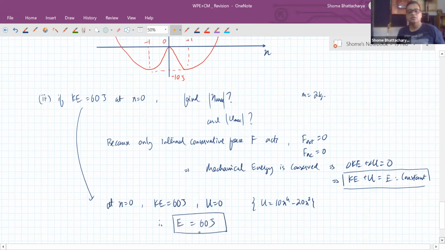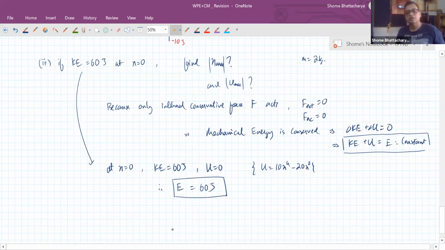From this we can also understand that the minimum potential energy that the particle has at any point of time is equal to minus 10 joules at x equal to +1 or x equal to -1. You can see from the graph above, we have figured that out.